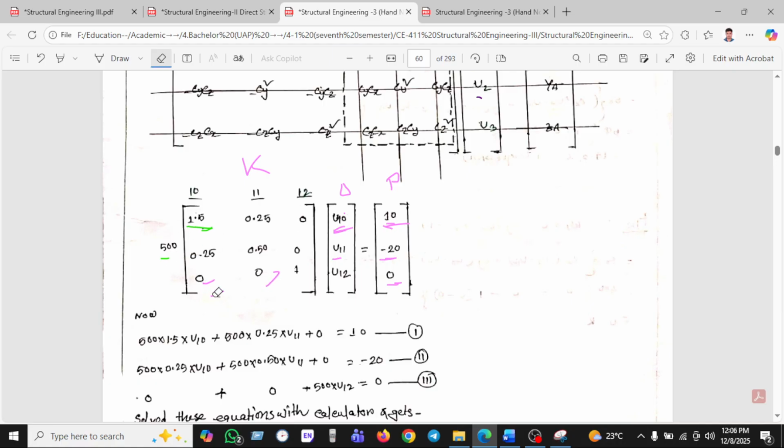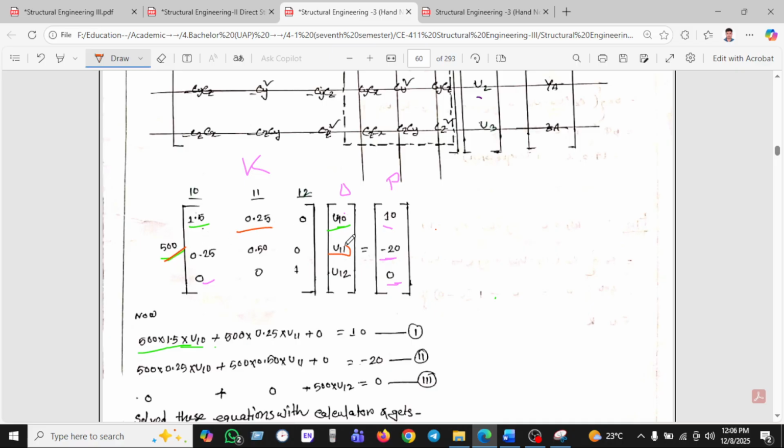So let's see how we get the next value. 500 into 1.5, multiplied with the displacement u10, plus, the second one, 500 into 0.25 into u11, plus 0, because this is 0, that equals 10.